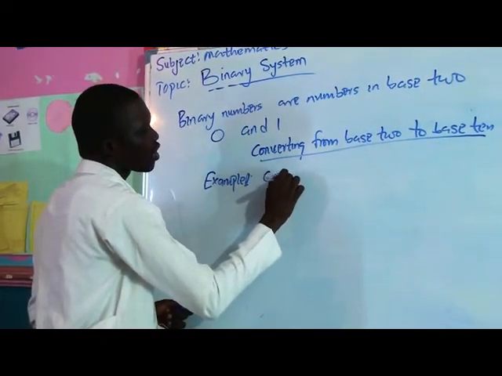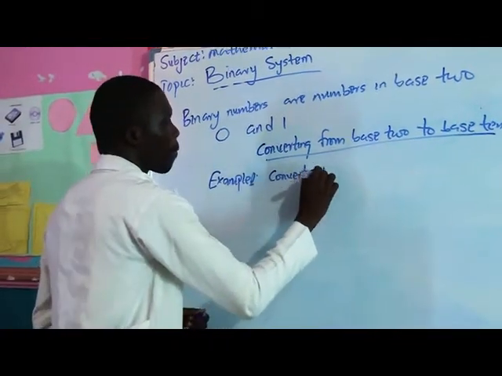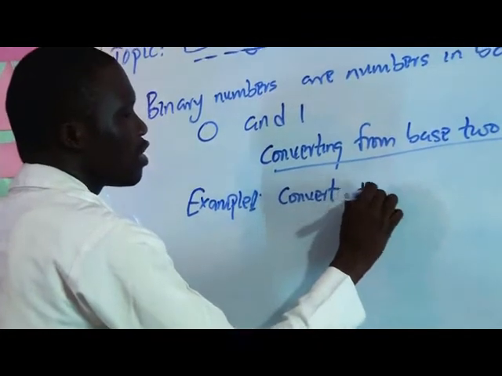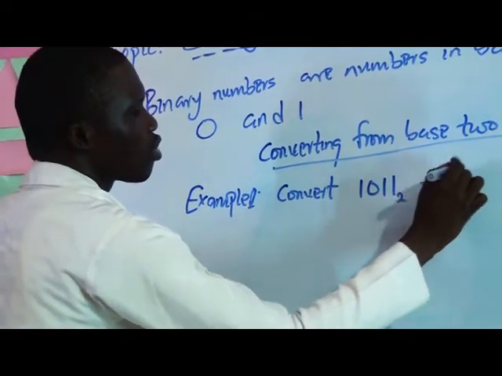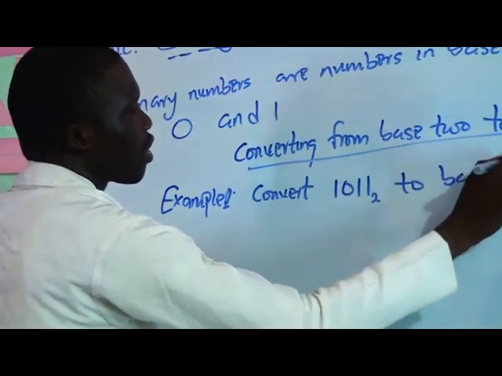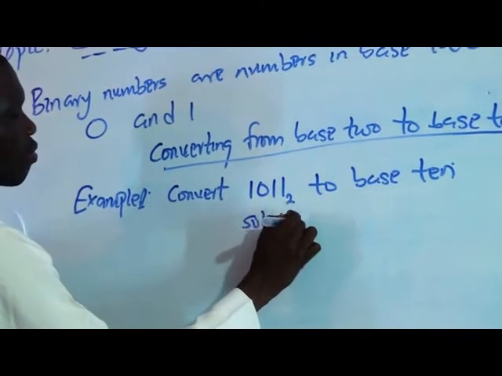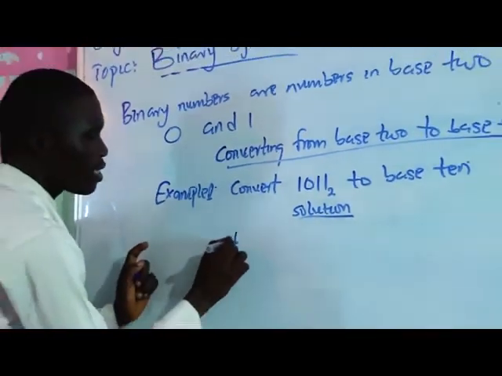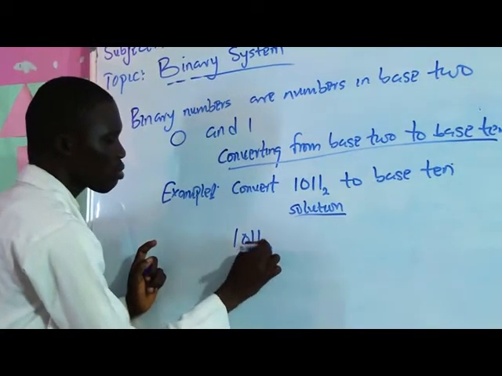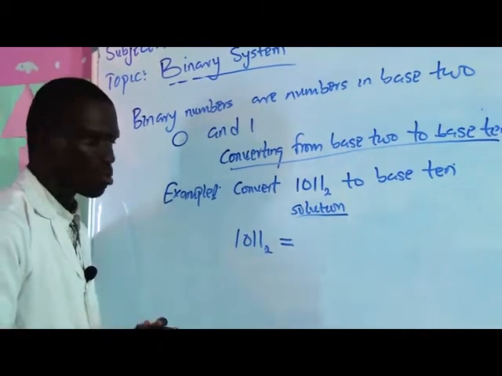Convert 1 0 1 1 base 2 to base 10. Solution. Please pay attention. 1 0 1 1 base 2 equals to, what are we going to do?